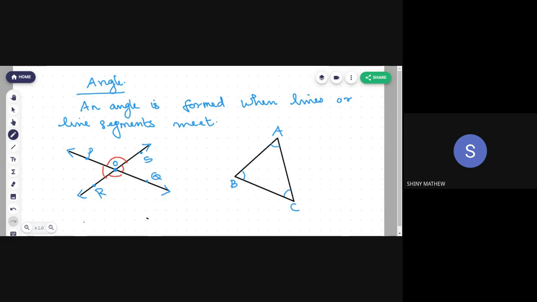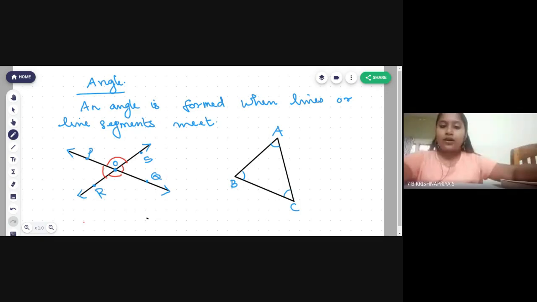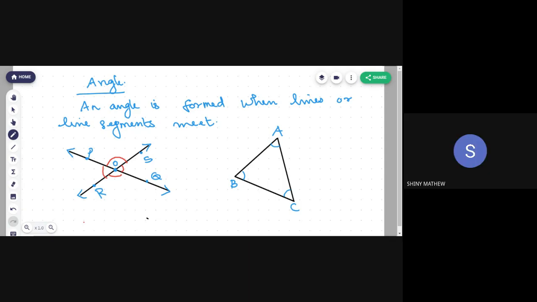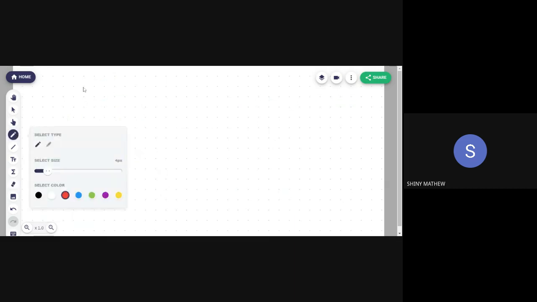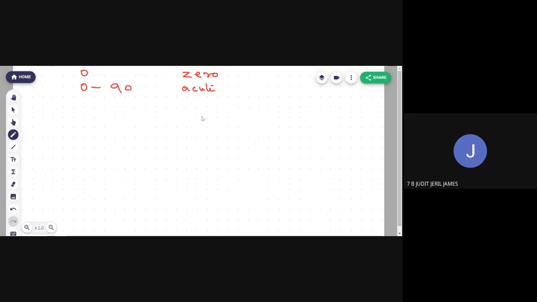Then what is an acute angle? An acute angle is less than 90 degrees. That means if the measure of the angle is between 0 and 90, it is known as an acute angle. And if the measure of an angle is 0, then we call it a zero angle.